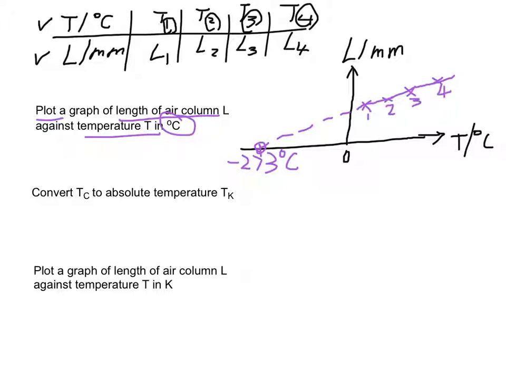The result shows that the length of air column varies linearly with temperature in degrees Celsius.